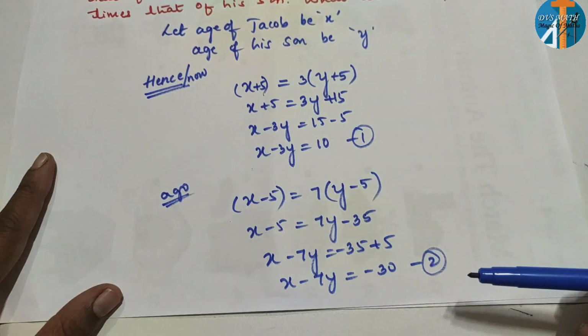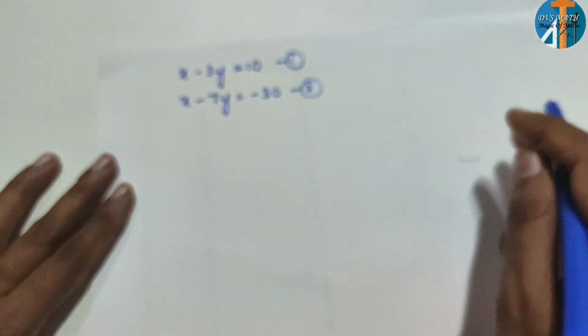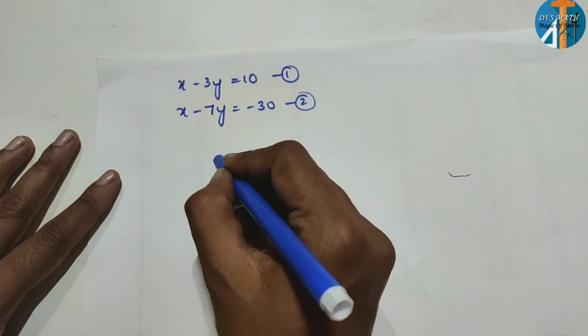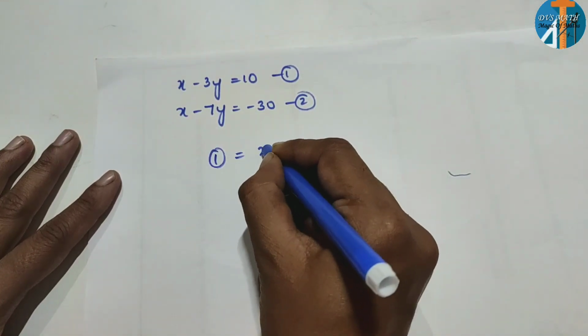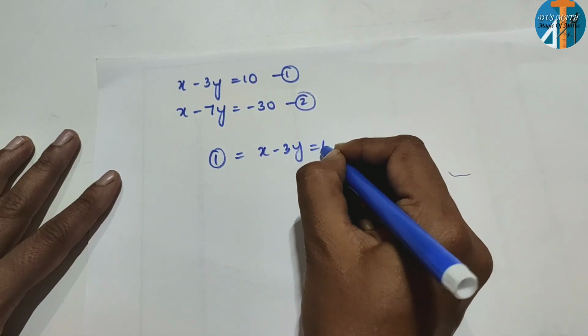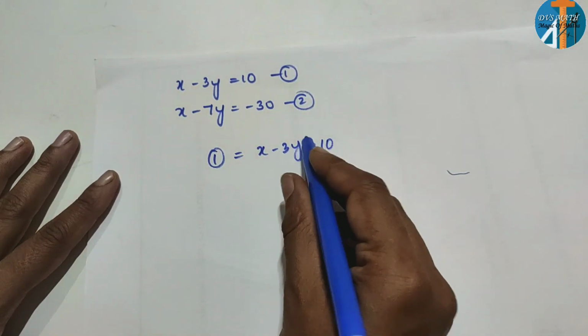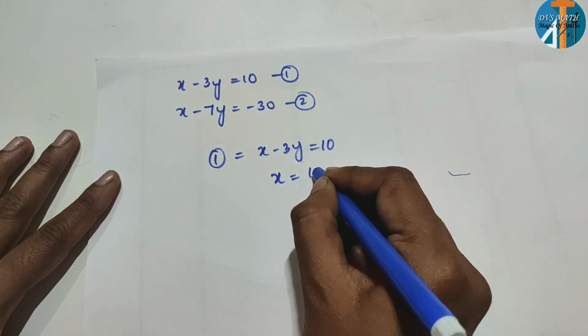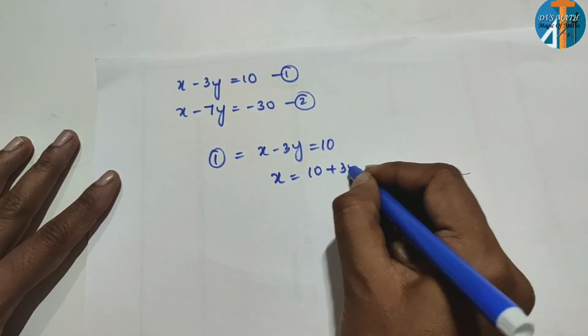Now solve these two equations. We have equation 1, that is x minus 3y is equal to 10. Let us send minus 3y to the RHS, so x is equal to 10 plus 3y.